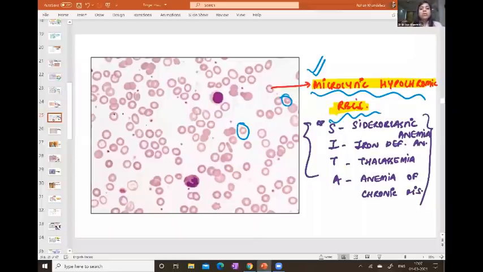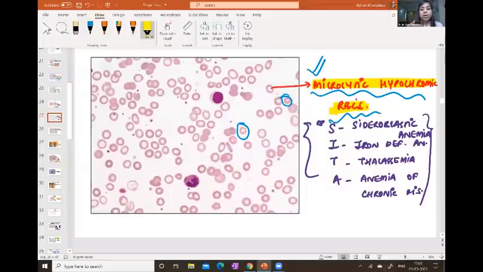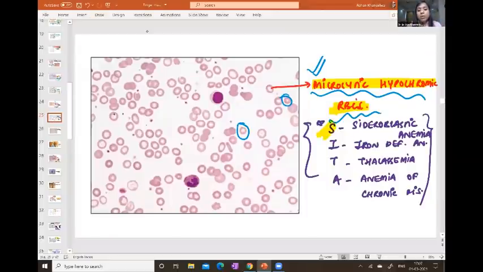So what are the DDs for microcytic hypochromic anemia? Please remember. For that, I've already told you there's a beautiful mnemonic, which is called SITA, right? S for sideroblastic anemia, I for iron deficiency anemia, T for thalassemia, and A for anemia of chronic diseases, right?